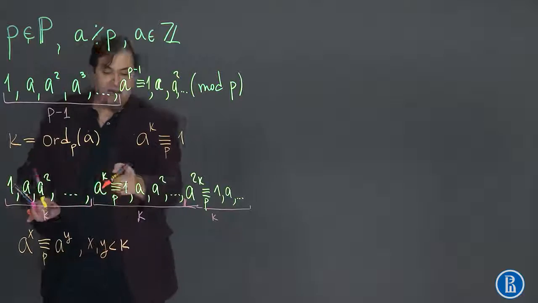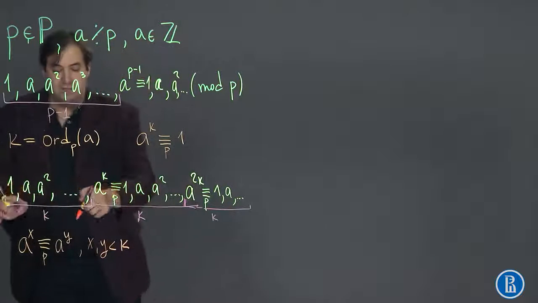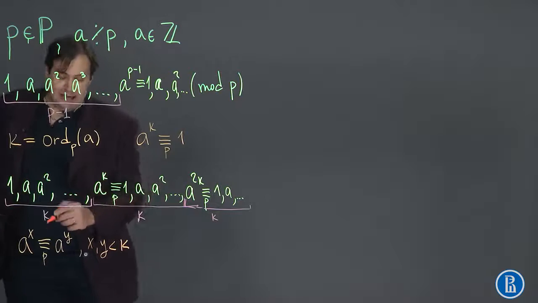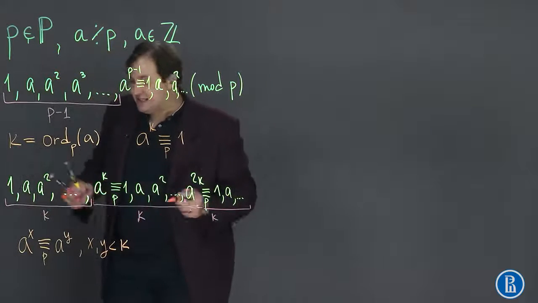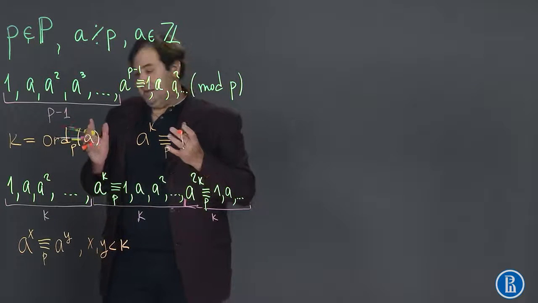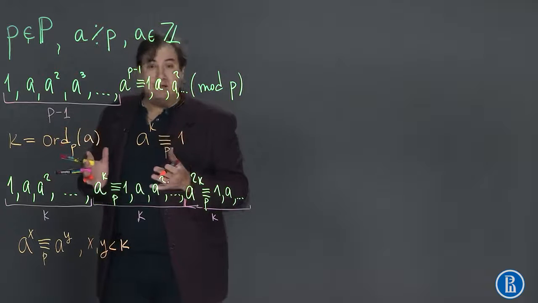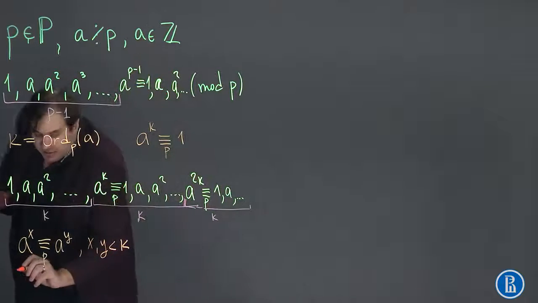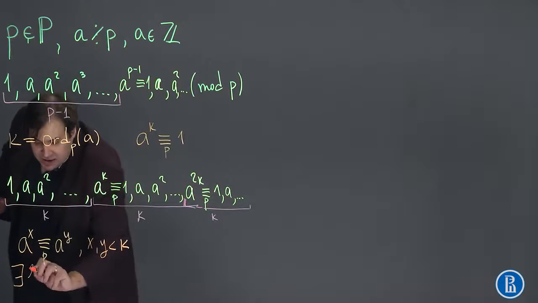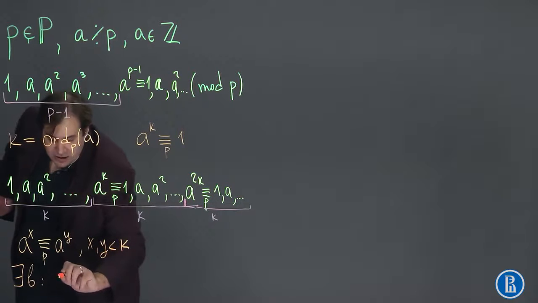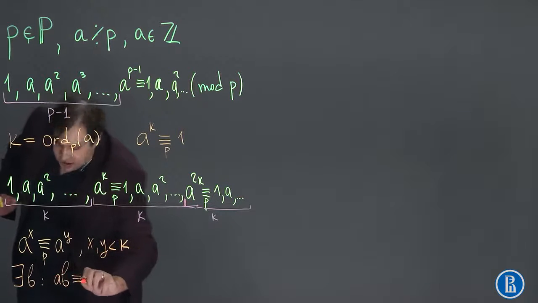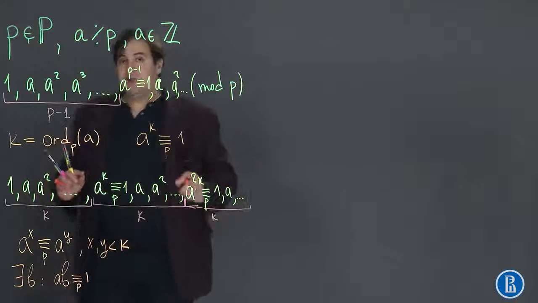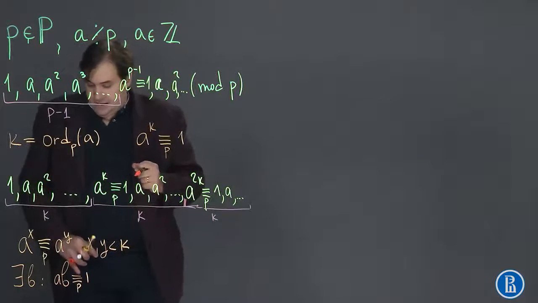Because A to the power of K is right over here, so all these powers of A are less than K. Then in this case, we understand that there exists a remainder, let's call this remainder B, such that AB is congruent to 1 modulo P. It's an inverse of A.